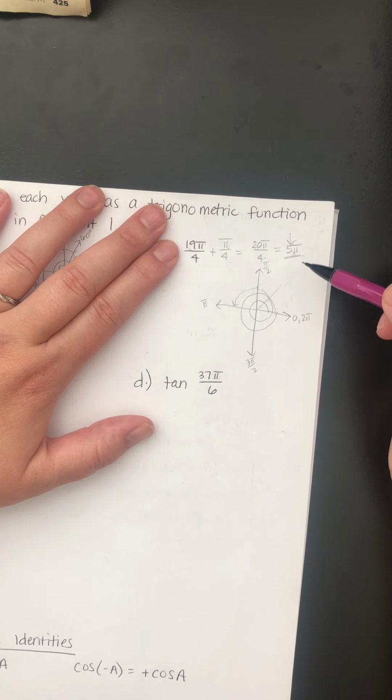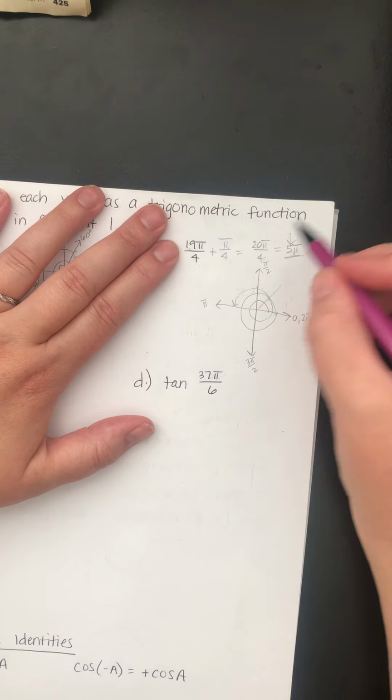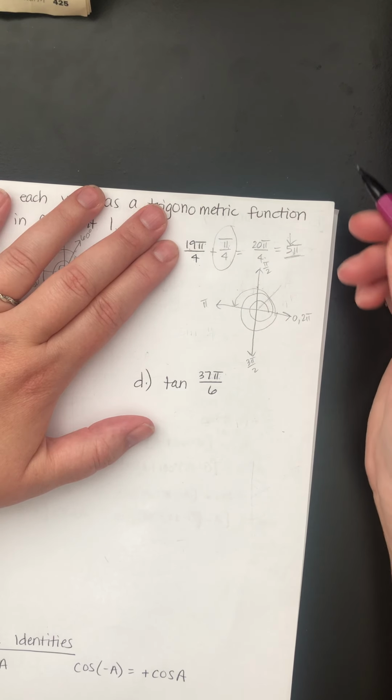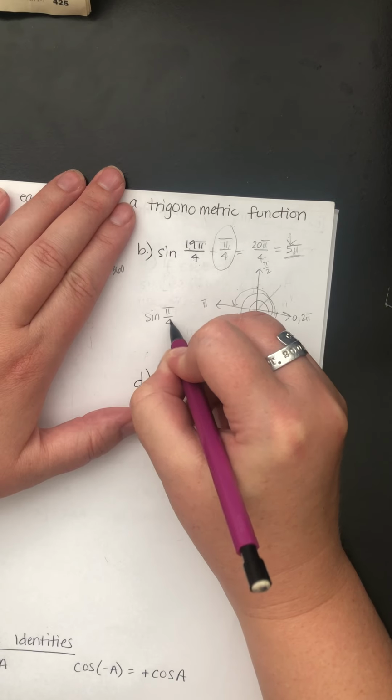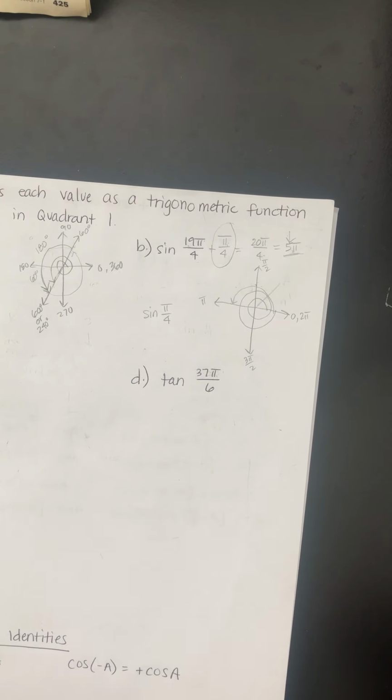So the pi over 4 is what we added to it. That's what our answer is going to be, the sine of pi over 4. And because it's the fourth case, the sine value is going to stay the same. Cosine value would change, sine value would stay the same.